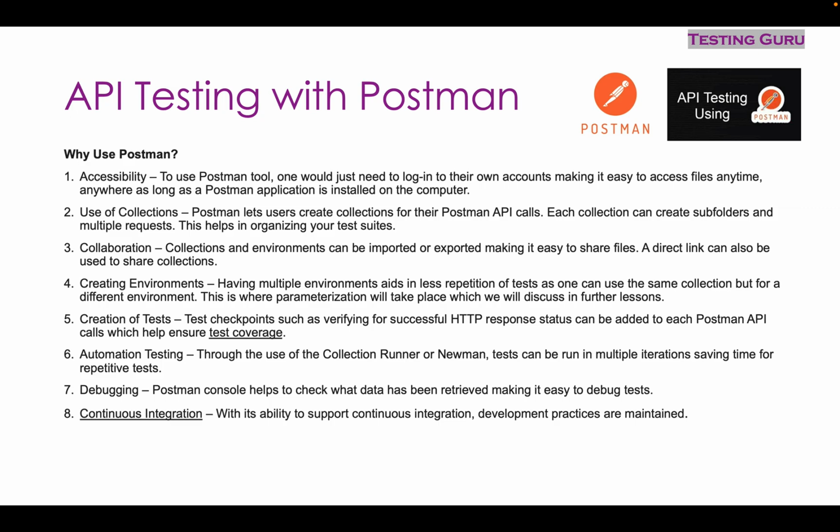And in API, as we have seen, there is a response code or a response status we get from the API, so that we capture as a result and compare with the expected result. So that's how we need to have test creation and test coverage, and this test can also be shared with the stakeholders.